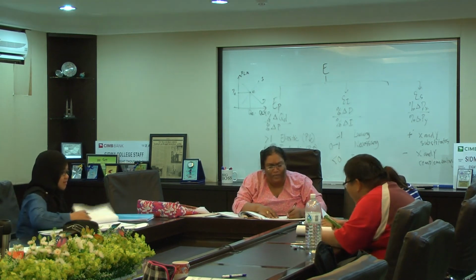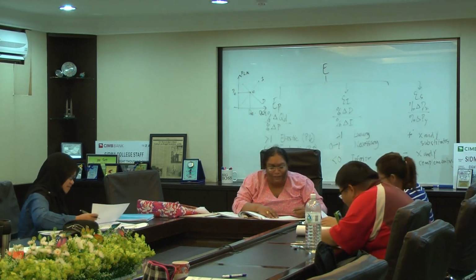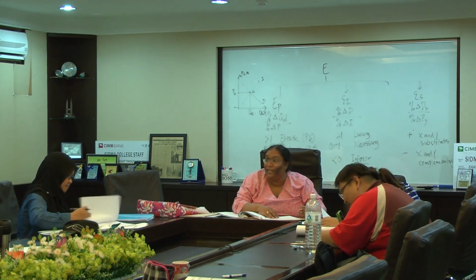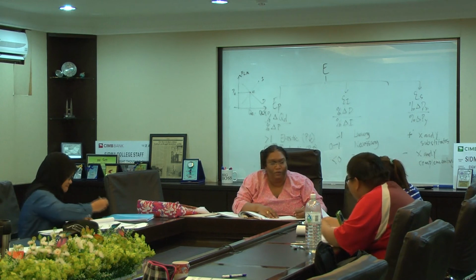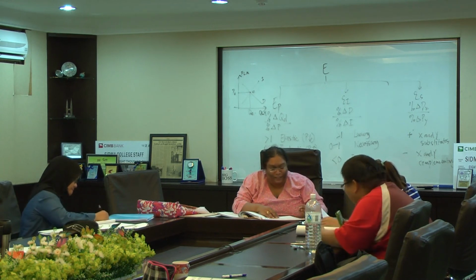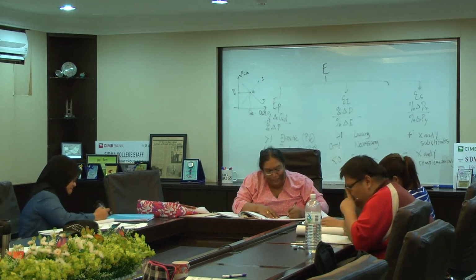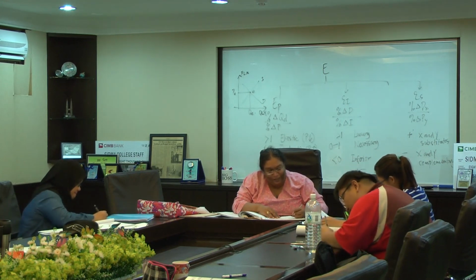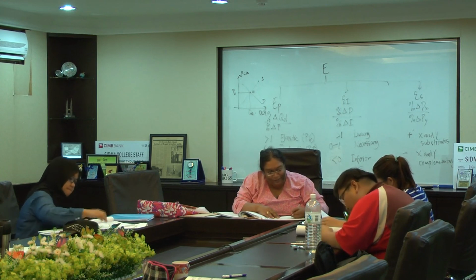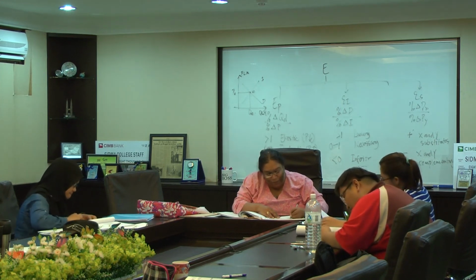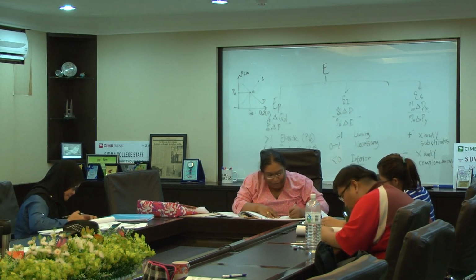From 165, after that it is 50. I look at the demand. So 50 minus 165 divided by 165 times 100, correct?